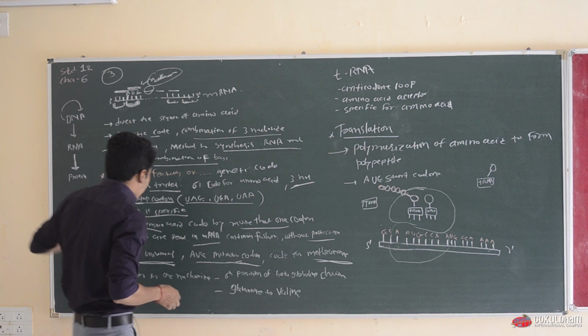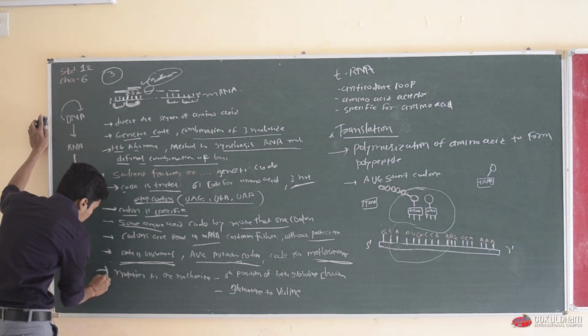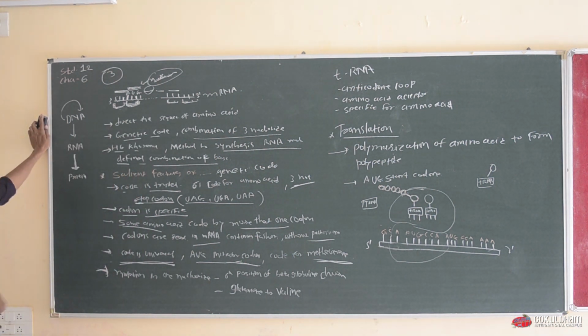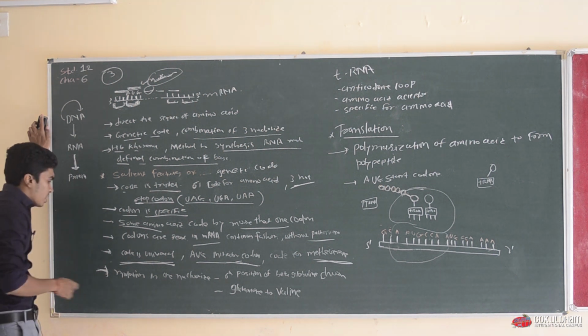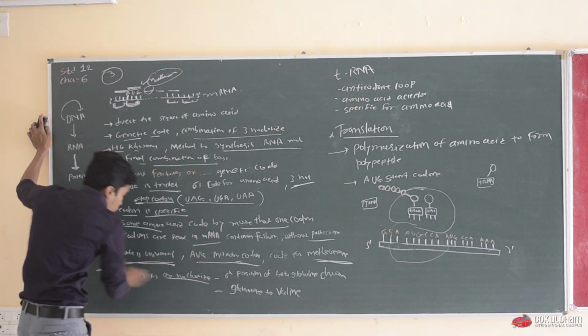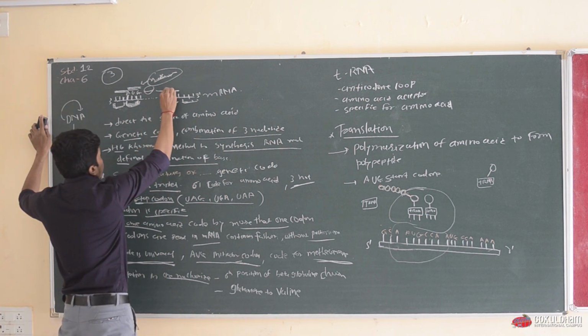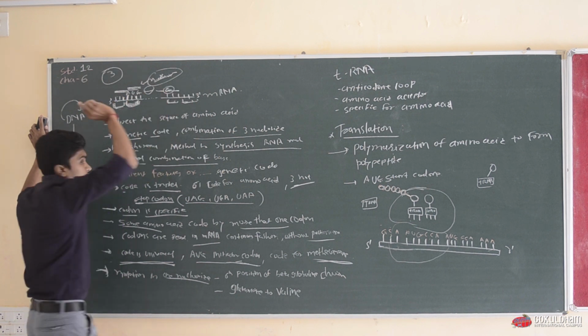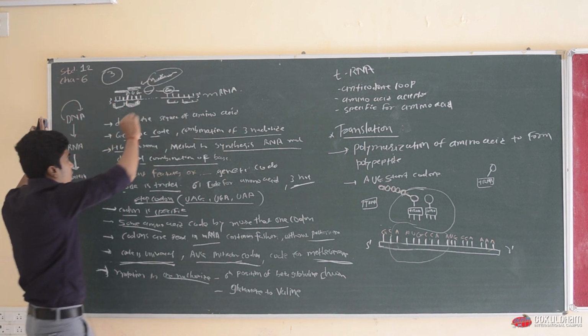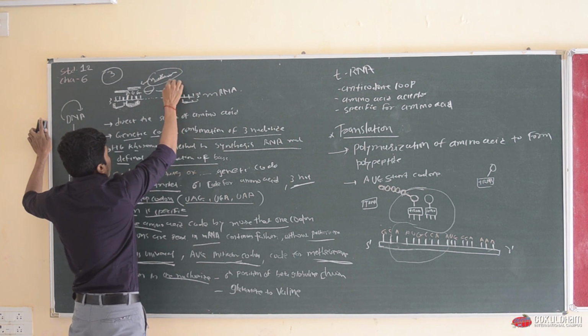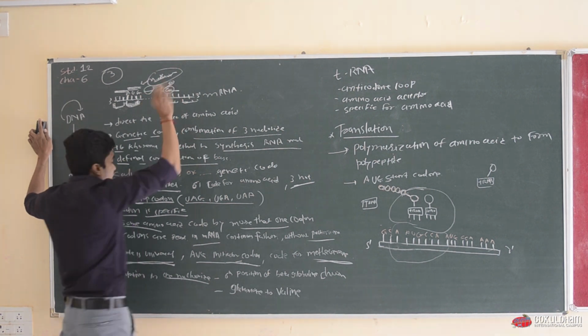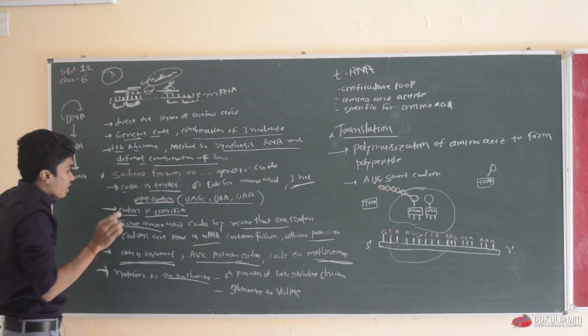So let us see what kinds of diseases can be formed. If a mutation occurs in one nucleotide here, this is the gene, and only one nucleotide changes to another nucleotide, like A or T, anything. So what will happen?